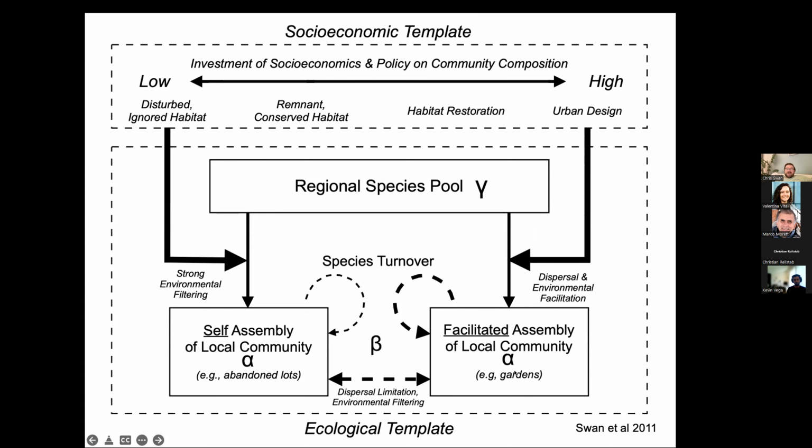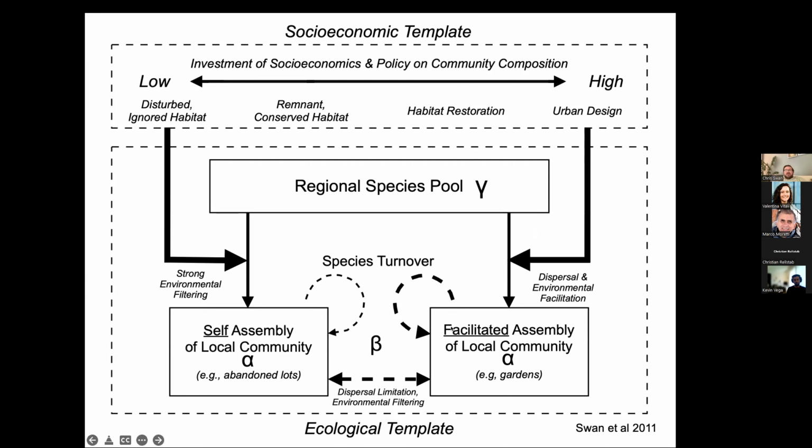The example is landscaped locations, parks, places where people are imposing very strong influence on species composition. And because of the variability in decisions, that translates into variability in species composition.